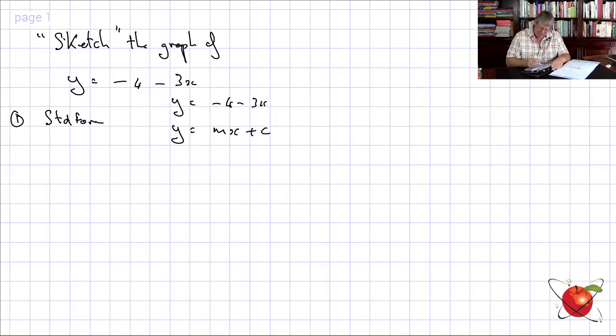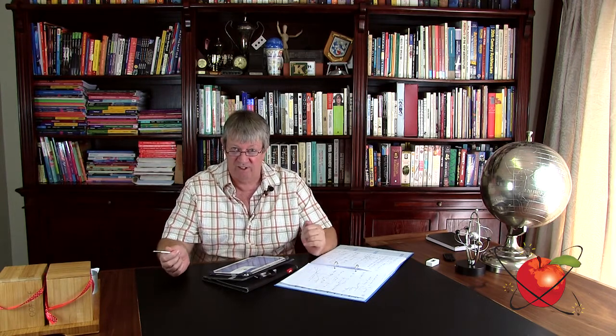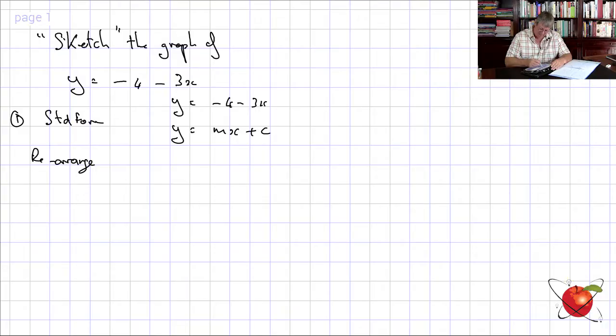So what do we do next? We rearrange. We rearrange the terms so that it looks like the standard form, right? Because once it's in the standard form, we can then very quickly read off a lot of the points. So let us put it as y is going to be equal to, in this case, minus 3x minus 4.